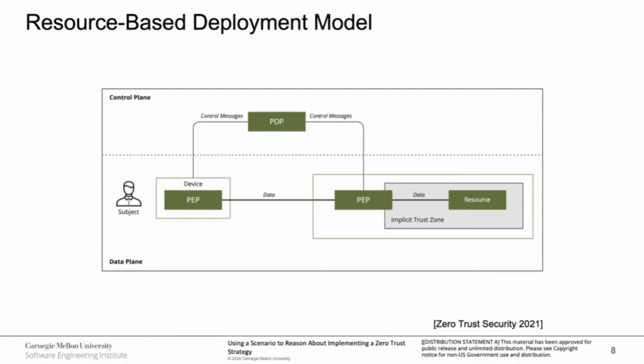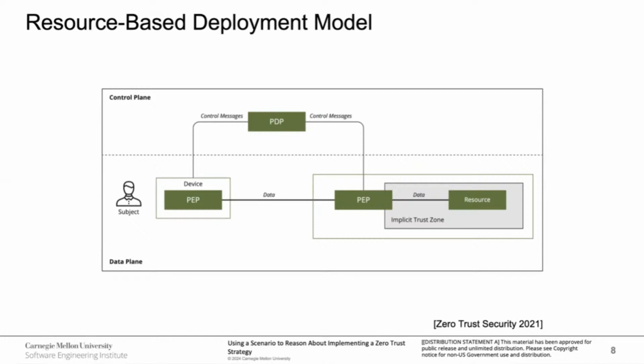Okay, yeah, so right now you're looking at the resource-based deployment model. You see the PDP on top, the policy decision point, making all the policy determinations. The device has a PEP. So the user device usually has a user agent on the subject system, like one of the ones that Elias talked about. Data is collected on that endpoint itself.